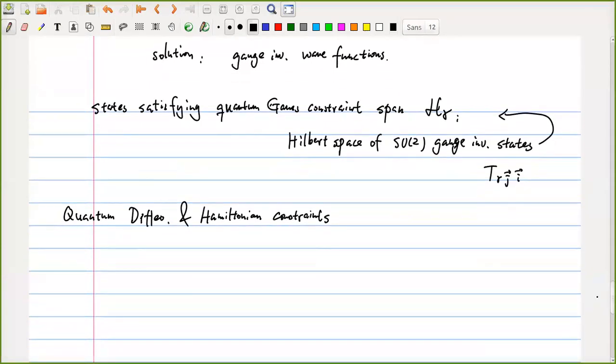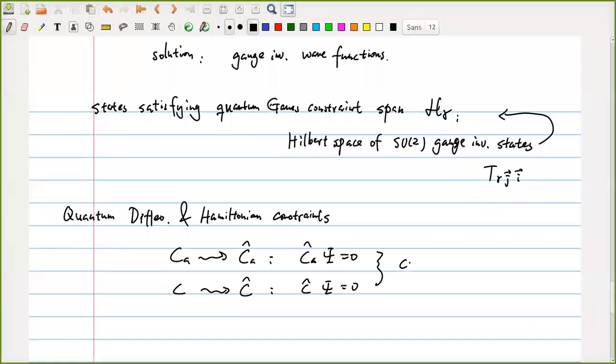Again, the idea is that you have the Hamiltonian and diffeomorphism constraints; you are going to quantize these operators, and you let each operator act on the state equal to 0. Those are the quantum constraint equations, and in principle you should solve them.